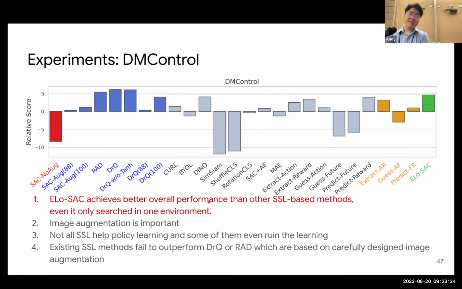The observation here is that this combination of everything is better than everything else, which is good, but it's still worse than image augmentation only. So the use of self-supervision, regardless of how many losses we used, was still inferior to carefully designed image augmentation. Meaning that, okay, what's the point in doing this?